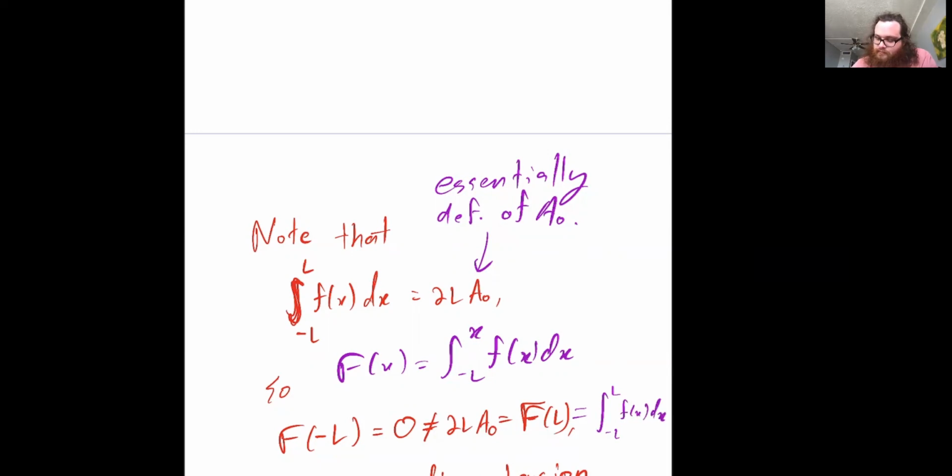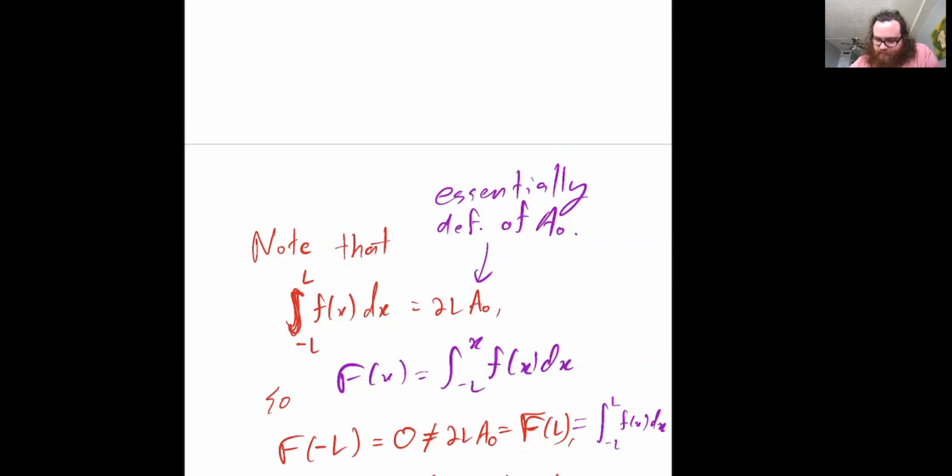Okay. So the integral is not necessarily going to be continuous, or the periodic extension of capital F of x will not necessarily be continuous, because the values of capital F of x at the two endpoints are, as we just saw, possibly different.